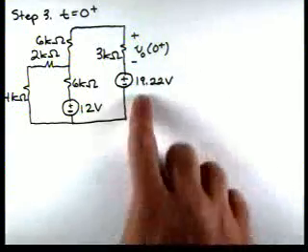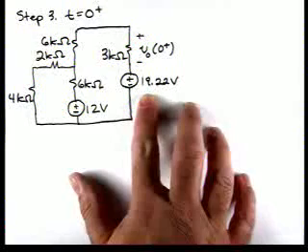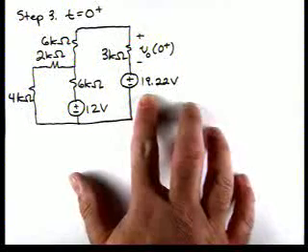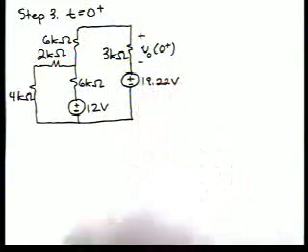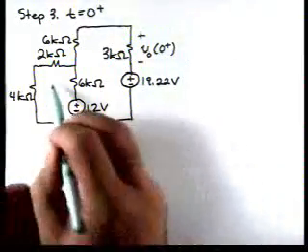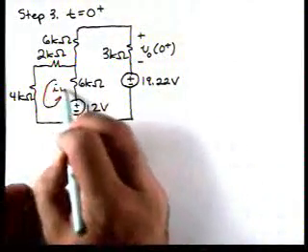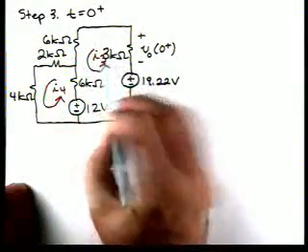Notice we've replaced our capacitor here with a source equal to the VC0 minus value, 19.22. Now we want to solve for V0 of 0 plus. Again, we can use mesh analysis. I'm going to call that one I4 and this one I3.